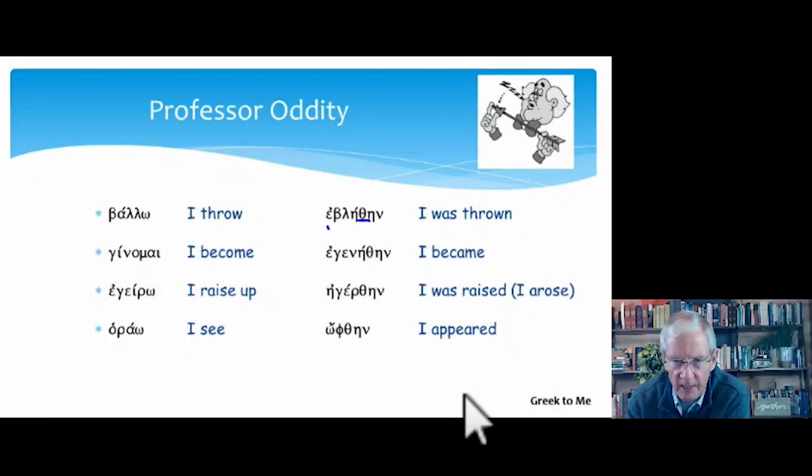Egenethane. Augment plus theta eta. This word is deponent, so it's translated actively. Egeiro, I raise up. Egerthane. Not too bad of a change there. So we have our augment on the front, our stem, then the theta eta. And horao, this has been a constantly irregular verb. Ophthane, I appeared, or sometimes can be translated, I was seen.